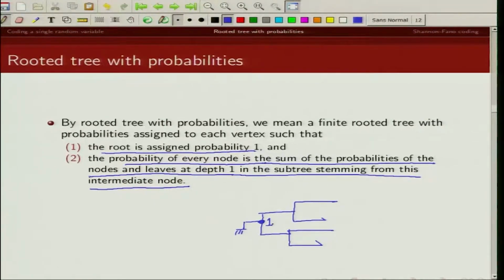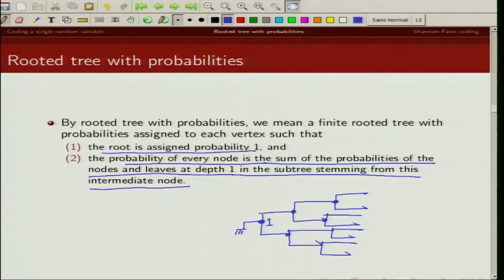At any node, let's say we are considering this node at depth 1, its probability will be given by the probability of this node and the probability of this node. That's what we meant when we say the probability of every node is the sum of probabilities of the nodes and leaves at depth 1 from the subtree stemming from this intermediate node.